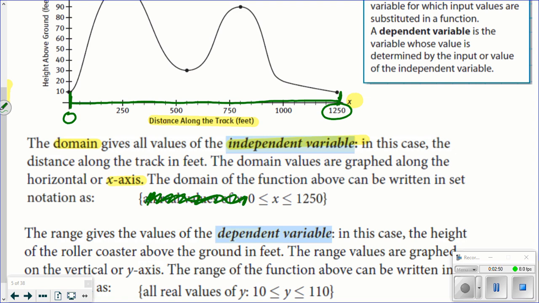And we're just going to use fancy brackets. And notice we have a conjunction right here in our fancy brackets. Remember that from before, a conjunction, it's a compound inequality. So this is telling me that all my x values are between 0 and 1250. So greater than 0 and less than 1250. And you can see that on your graph above.